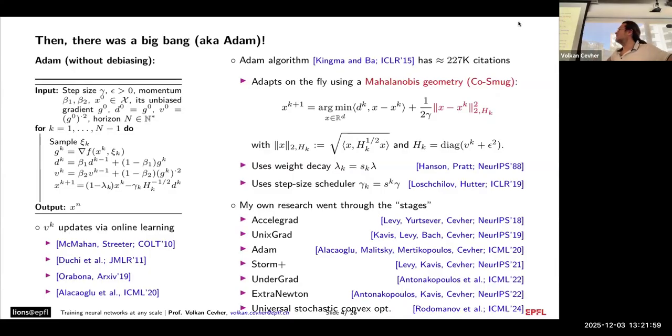And AcceleGrad was unique in the sense that it was a method that did not care if you were giving it stochastic gradients or subgradients, and it didn't need to know if the objective was non-smooth or smooth. It would converge optimally in all cases, right? You didn't need to tell the algorithm that you were giving stochastic gradients or the full gradients.